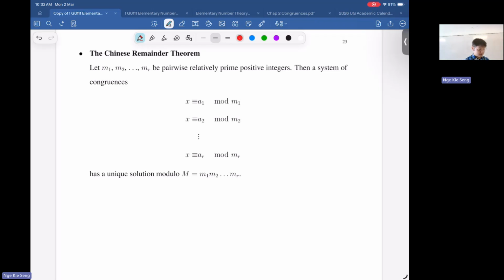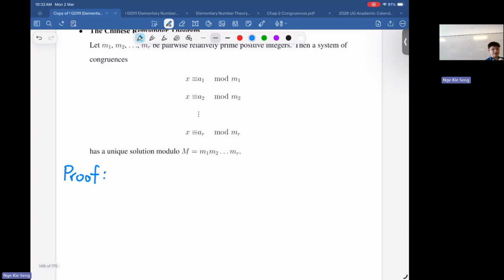Well, I might not prove it to you, but I'll give you the answer. What's this answer here? This answer needs a bit of construction. It's not too hard. Basically, you start with this product of mi that you need to consider.